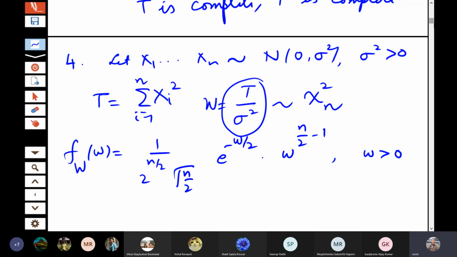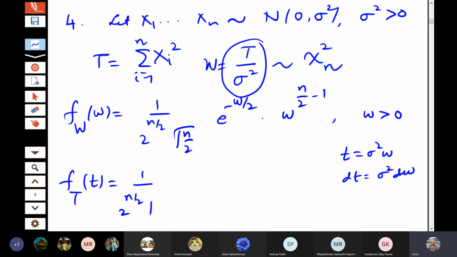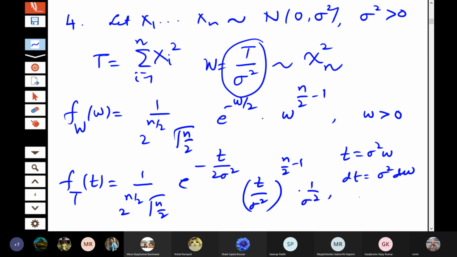So from here, I can write down the distribution of T. What is the distribution of T? See, T is sigma square w, so dt is sigma square dw. So this will become 1 by 2 to the power n by 2 gamma n by 2, e to the power minus t by 2 sigma square, t by sigma square to the power n by 2 minus 1, by sigma square.